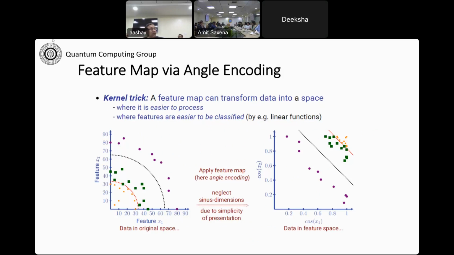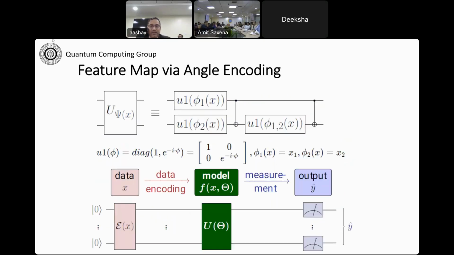In classical ML, we use a feature transformation by which we take a non-linear space to a linear space. Similarly, we are doing it here, and that makes some of the problems easier for generating the class boundary, because the non-linear problem becomes linear due to the transformation in the angular space.